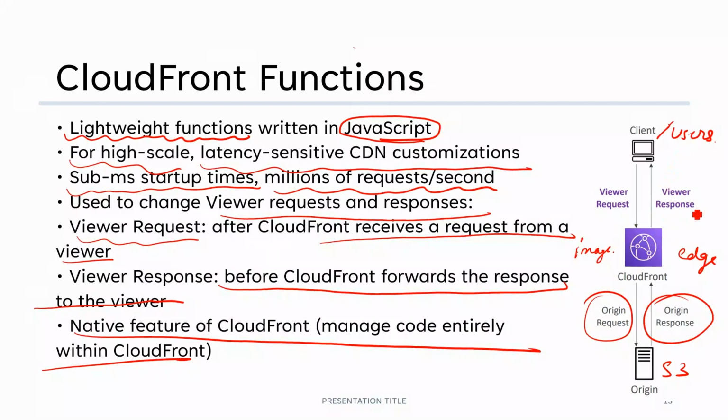For example, before sending the image, you reduce the size of the image from 5 KB to 1 KB. You can do that using a CloudFront function, but you cannot deal with the origin request and origin response. And you can ask a question, what if I want to manipulate the origin request and response? What if I want to manipulate the data that is coming from S3?